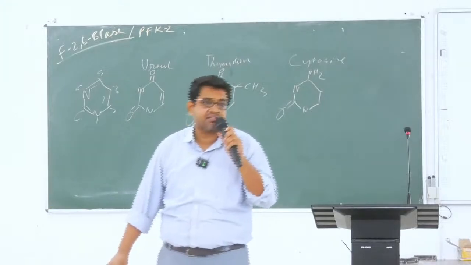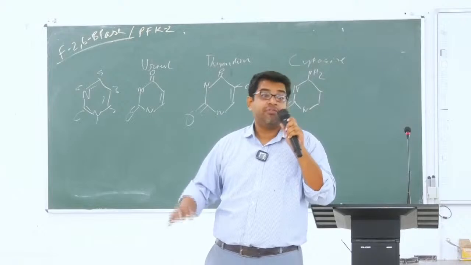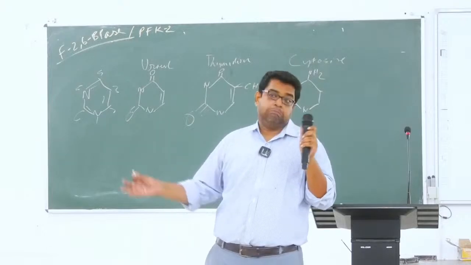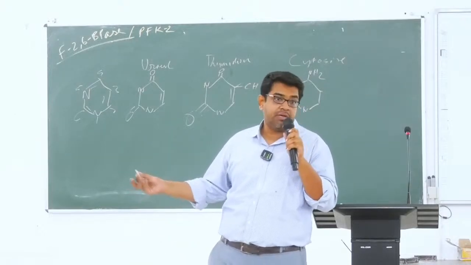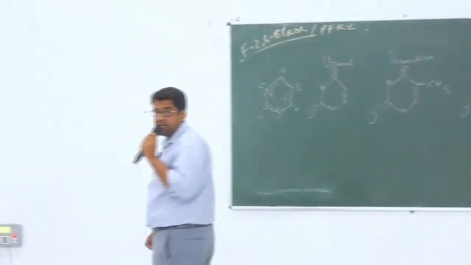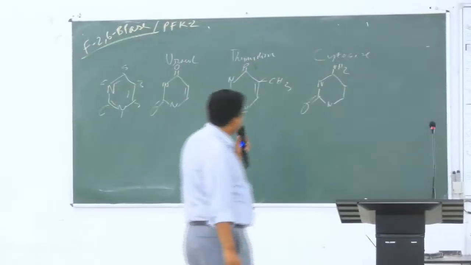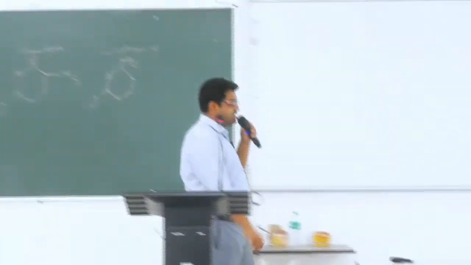If you have done this exercise, it will remain with you for life. If you have not done this exercise, you are on your own. You are a big man now. Universal suffrage, right? Equal rights, equal duties. So there you have uracil, thymine, and cytosine.